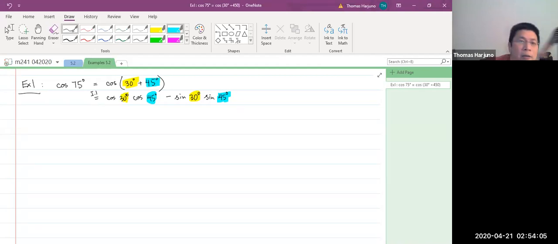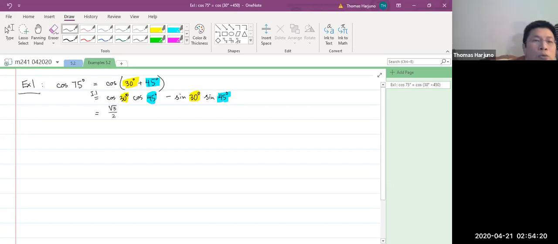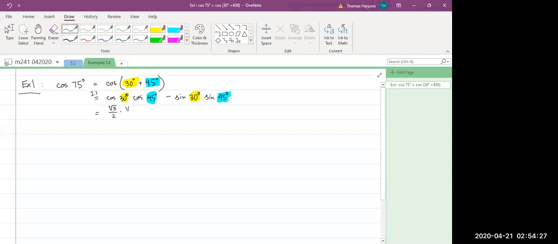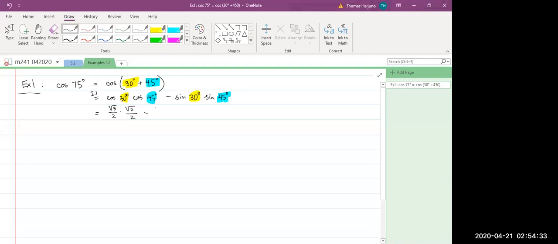And then I go on, what is cosine 30 degrees? Radical 3 over 2. Cosine 45 degrees, radical 2 over 2. Minus sine 30 degrees, 1/2.